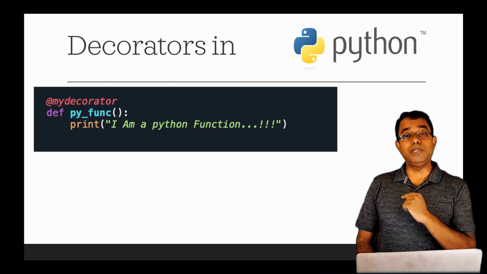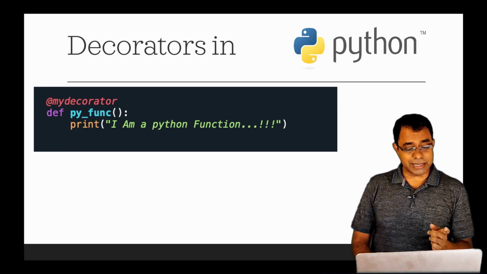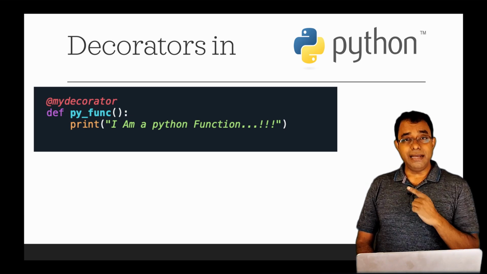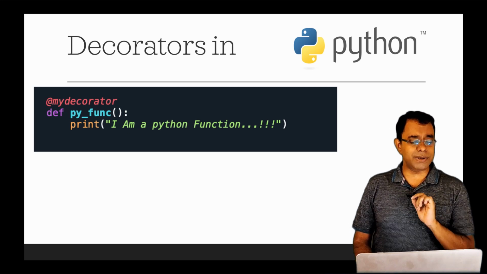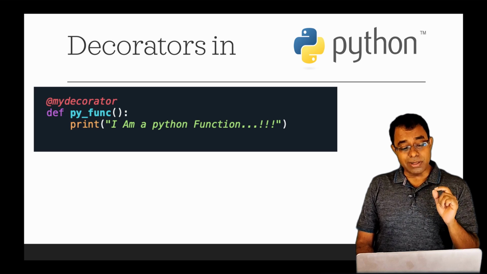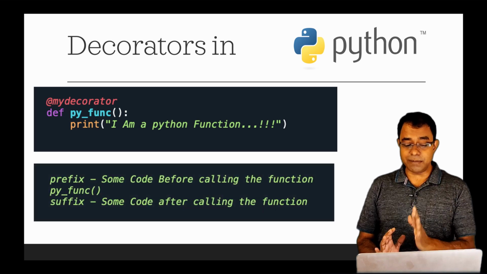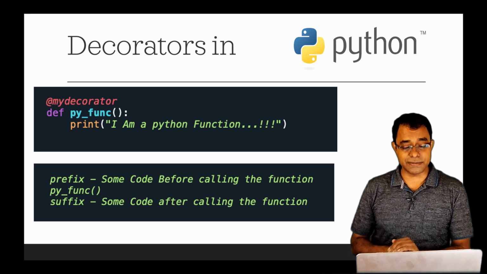So this is how you invoke a decorator in Python. So in here I have a Python function called pyfunc. It is printing something and I have invoked a decorator called myDecorator in here. So the actual output when I call this pyfunc will be some prefix, my own function pyfunc, and a suffix.